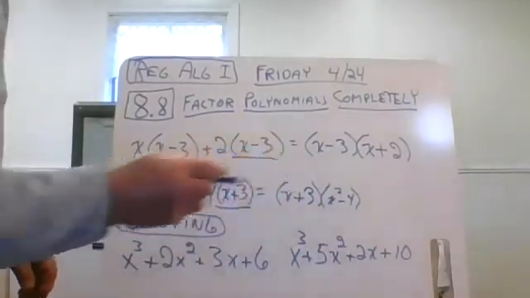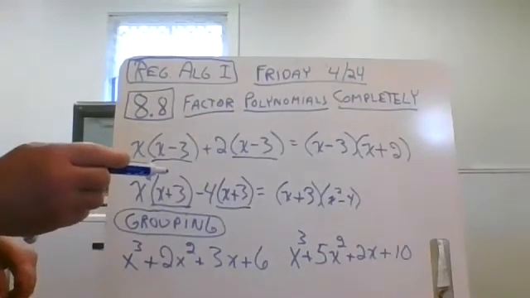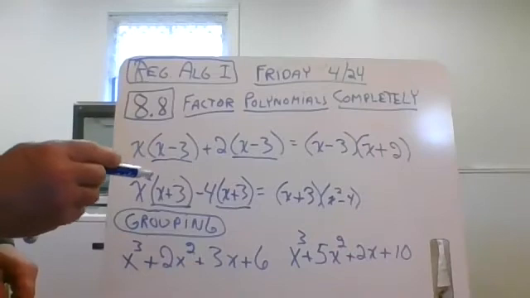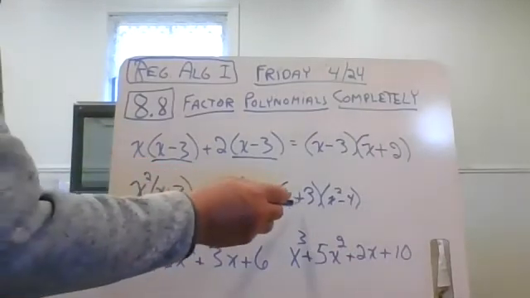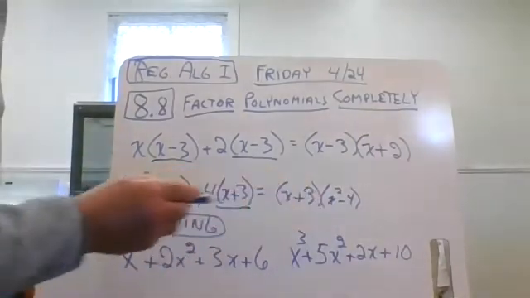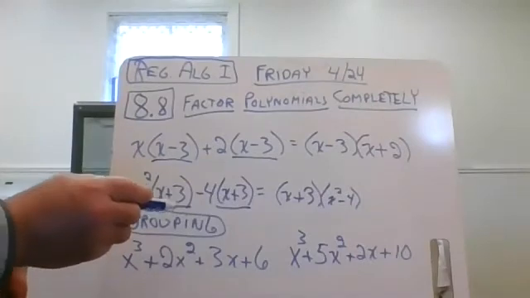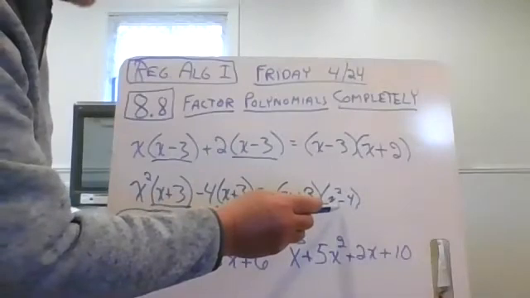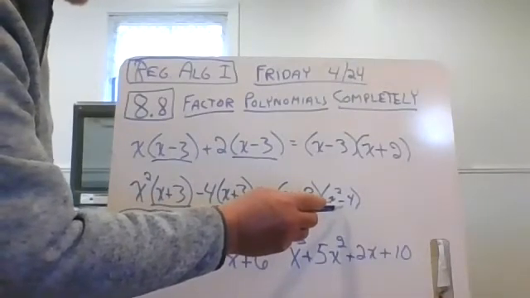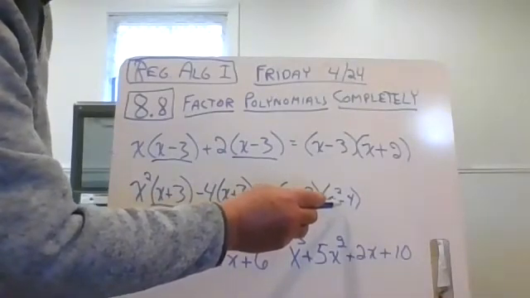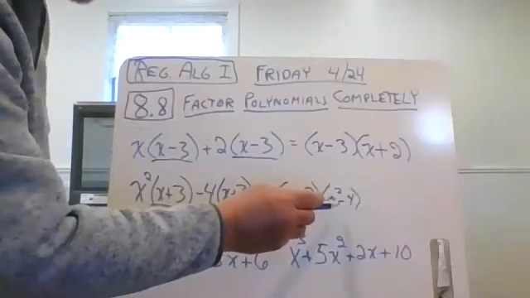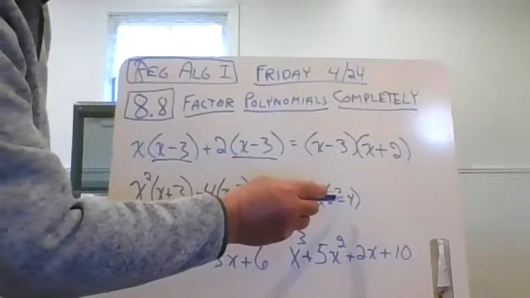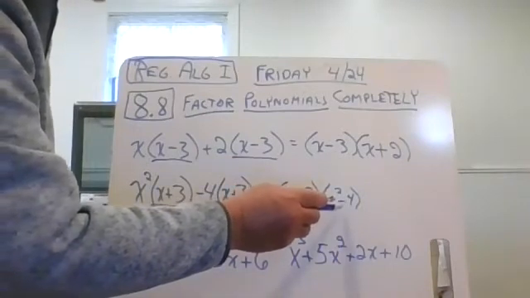It's written as a product, but you have to ask, is it factored completely? Is every one of these things factored completely? And what is it that you recognize? You should recognize the x squared minus 4. That is one of those difference of squares. And that factors.